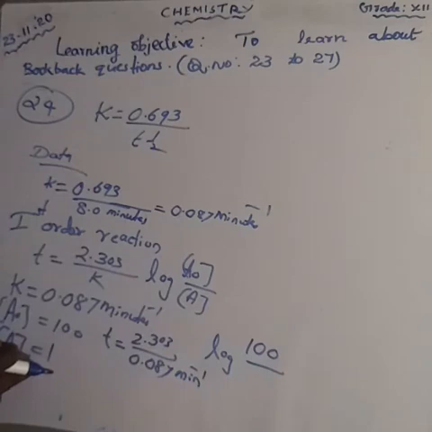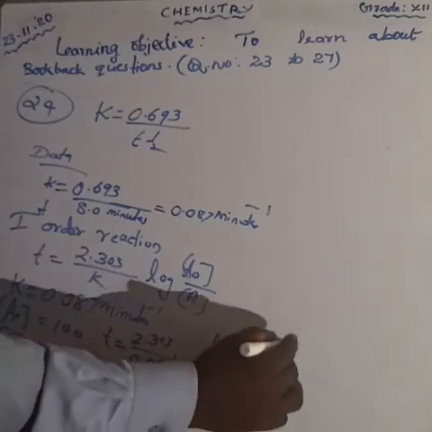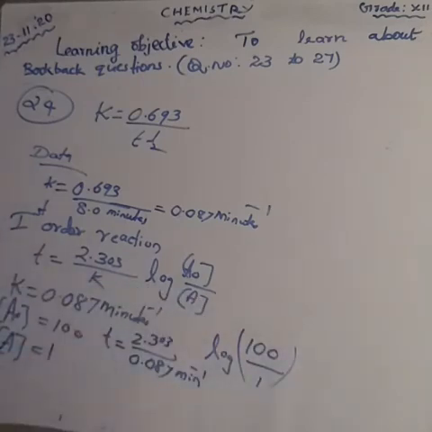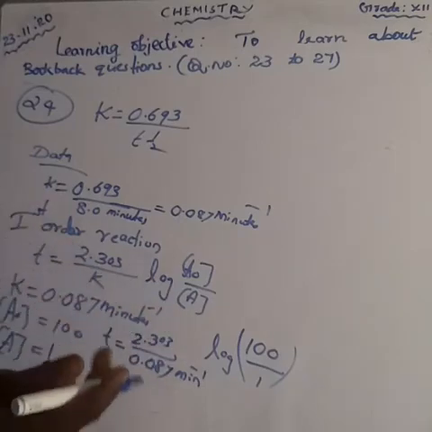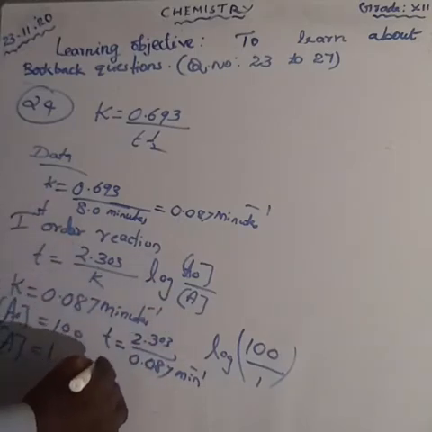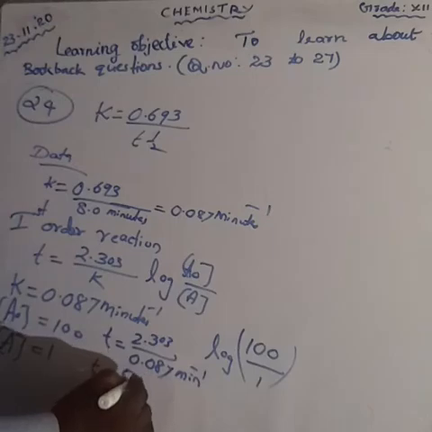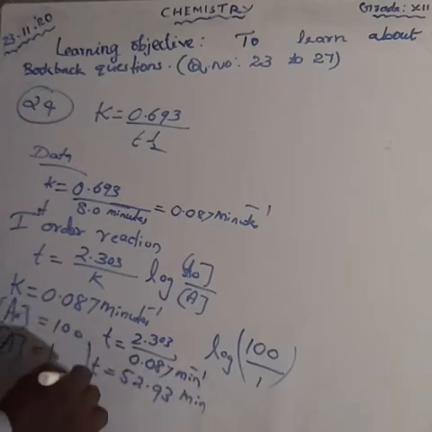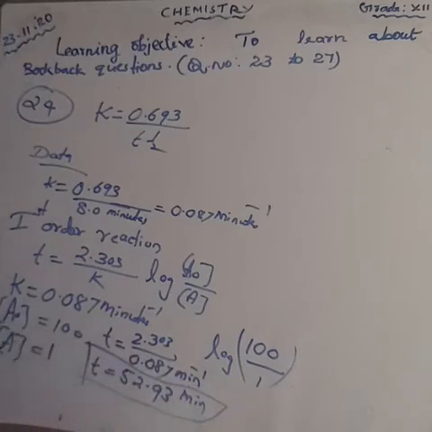We are taking 1. Okay. So when we substitute this, T is equal to 52.93 minutes. This is the calculation of T.